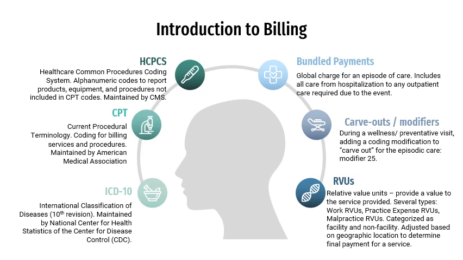So just a few quick pointers about RVUs. They're classified as either a facility or a non-facility RVU because the cost for an evaluation or a procedure in an office setting is going to be different than a cost in a hospital setting, and that's just based on all of the costs to maintain and run a facility versus an office, pay for staff, etc. Also, RVUs are adjusted based on geographic location.